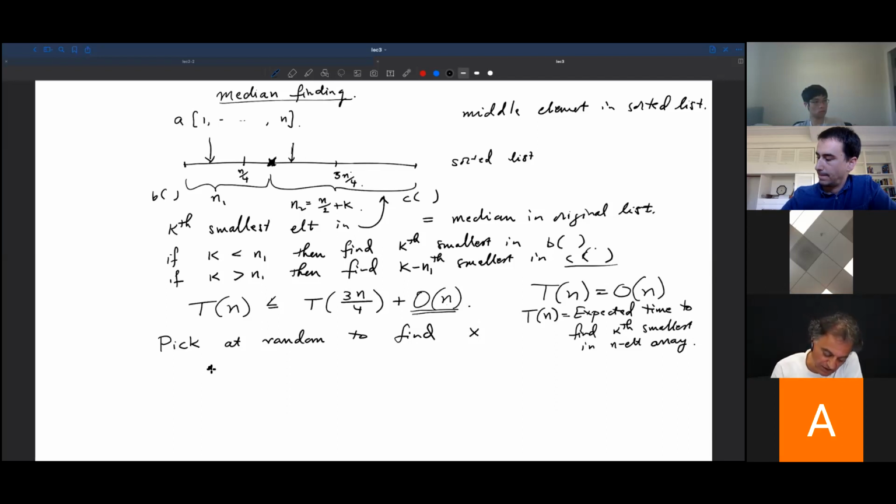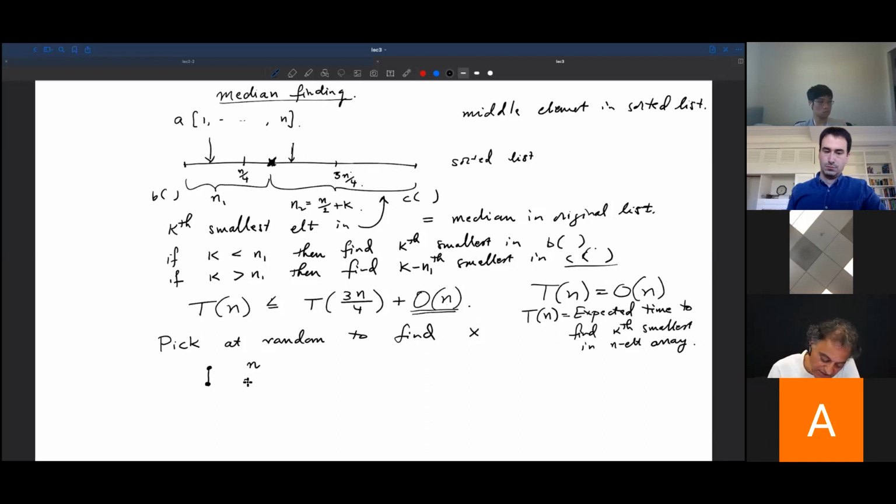So we start with our original problem, which is of size n. Let's say that the time it takes is n. I'm just going to pick a constant equal to 1 for simplicity. Then how many subproblems do we get? Well, only one subproblem. So our tree has branching factor exactly 1.